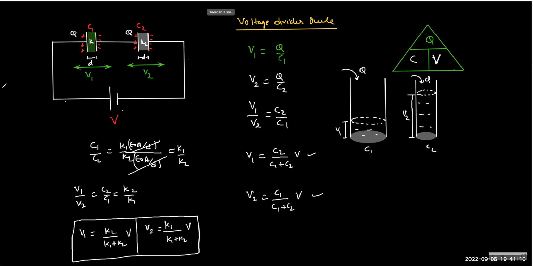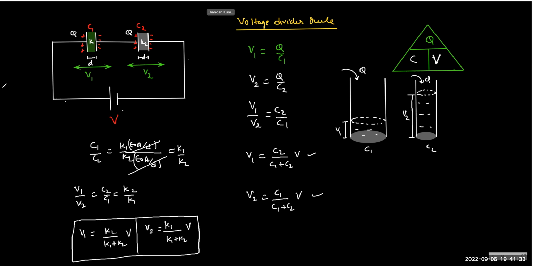And if you know the volume and the base, what is the height? Volume by base. Logical. And if you know the height and the volume, what is the base area? Volume by height. It's common sense. I hope you can see the capacitance in this way, and it's pretty easy.